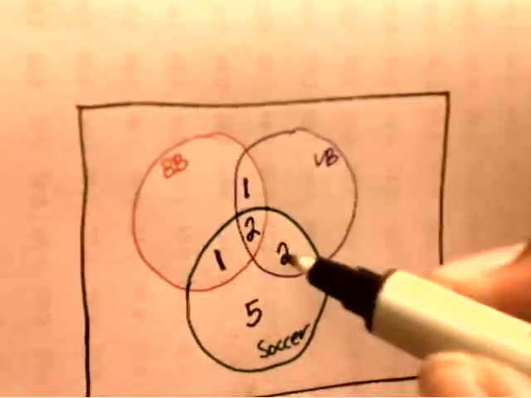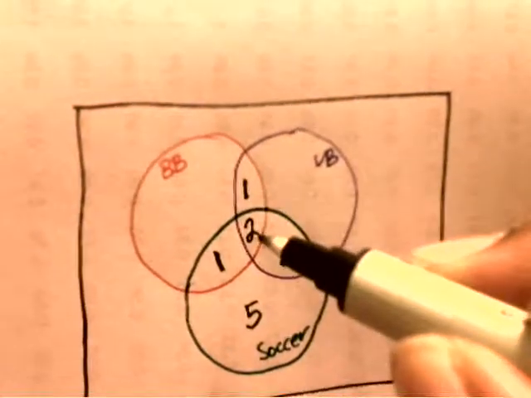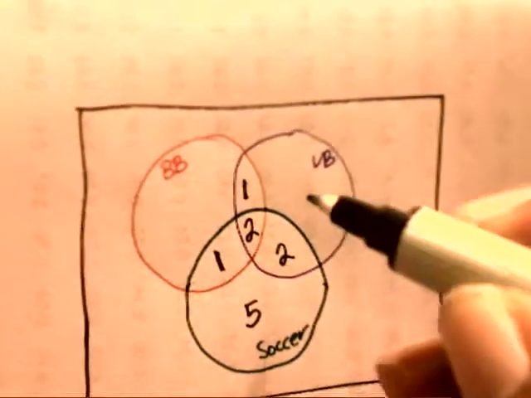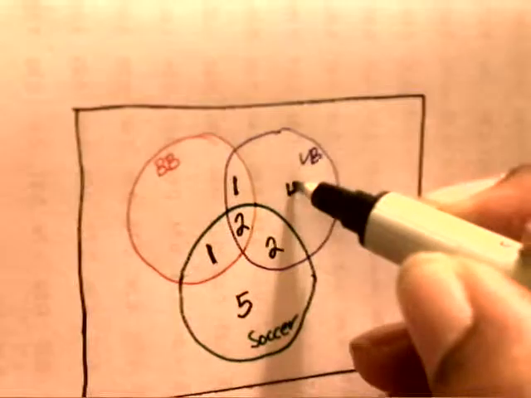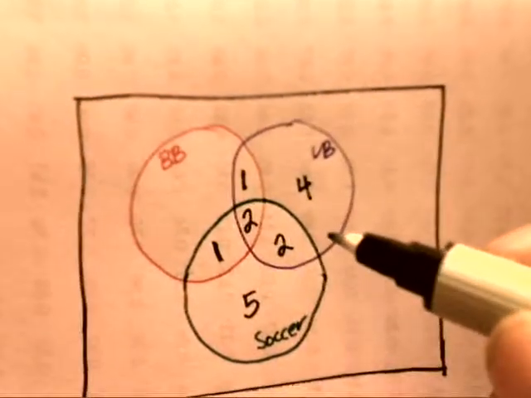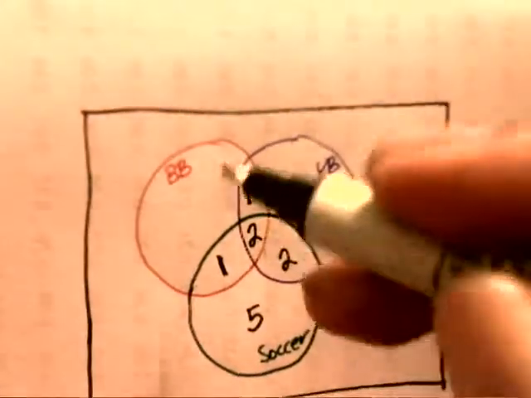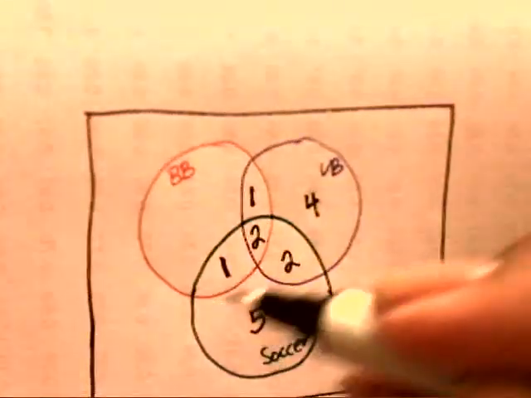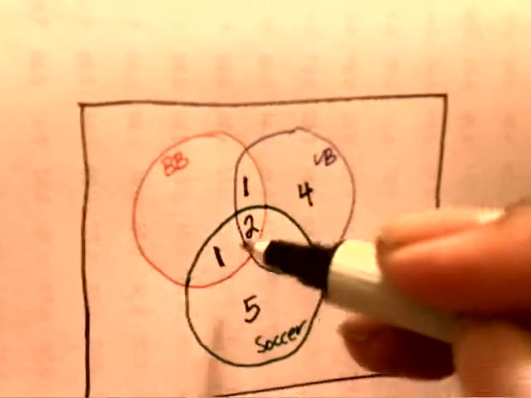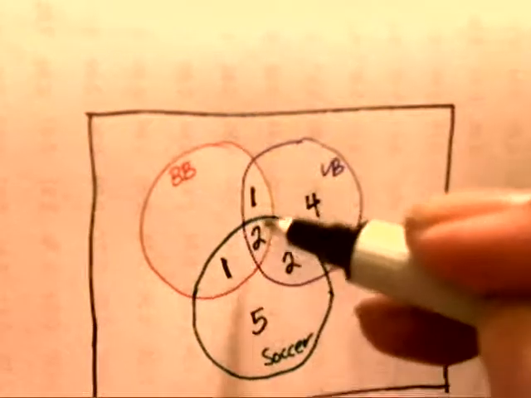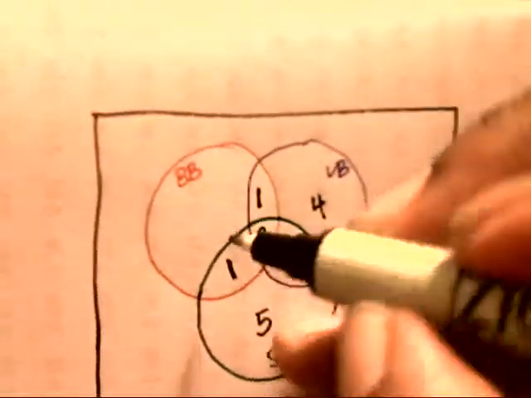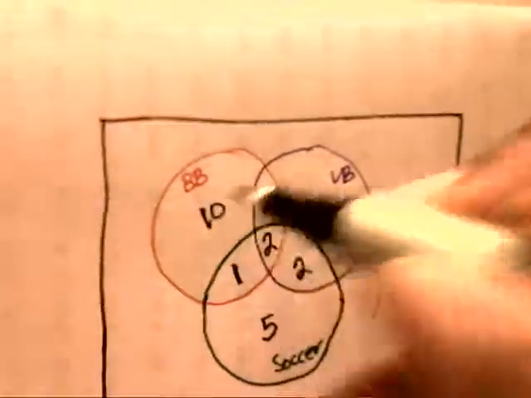Well, all of this represents volleyball. So 1, 2, and 2 will give you 5. 5 from 9 will give you 4. And then for basketball, 14 played basketball. So 1, 2, and 1, that's 4. 4 from 14 will give you 10.